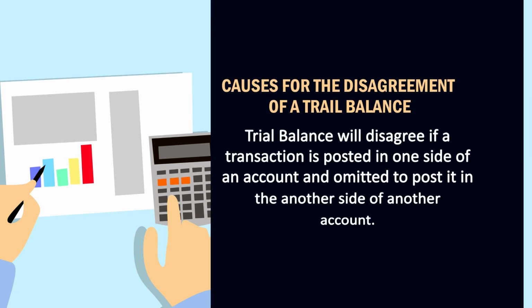Trial balance will disagree if a transaction is posted in one side of an account and omitted to be posted in the other side of another account. So, well friends, this may be one of the prominent reasons: that particular transaction is posted in one side of an account and omitted to be posted in another side of another account.